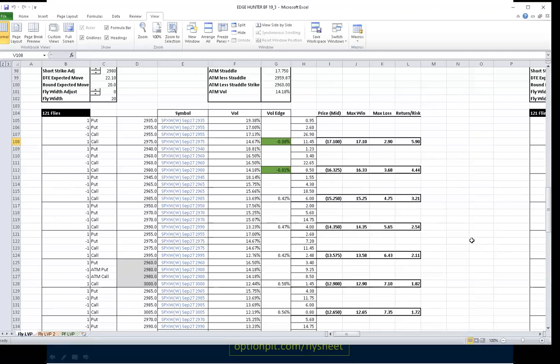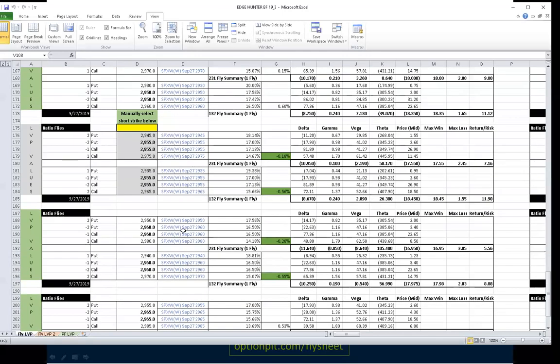Also, what this does is it sets up a fly based on the straddle, and it already shows you the best 1, 2, 3 fly for the straddle width and the risk reward. As far as the nitty gritty of fly setup, Petru, I would have to do that in another class or something with you.